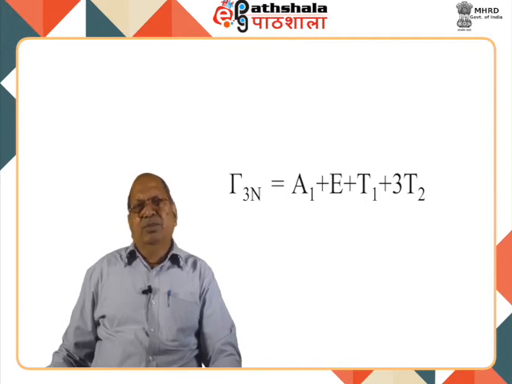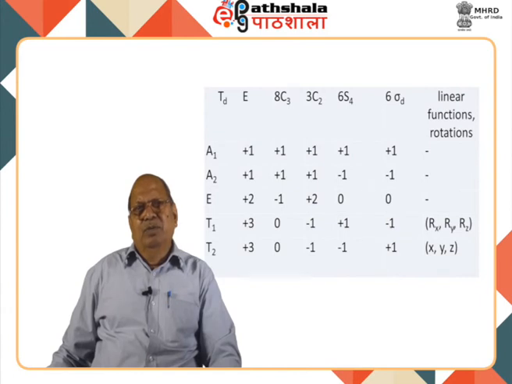Let us look at the table for the Td point group and try to look for the x, y, z, Rx, Ry, Rz vectors in the last column, and also see the irreducible representations A1, A2, E, T1, T2, and try to match the two columns.